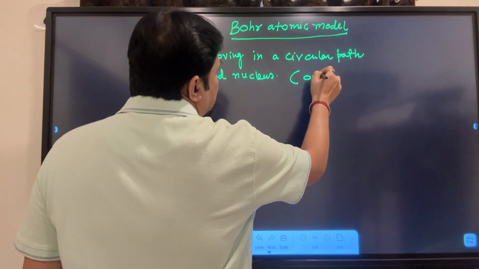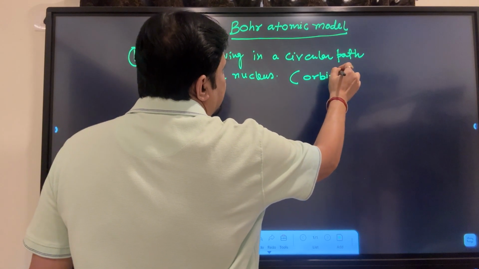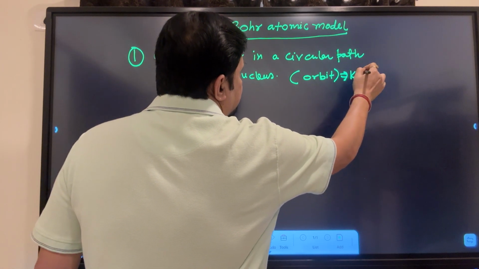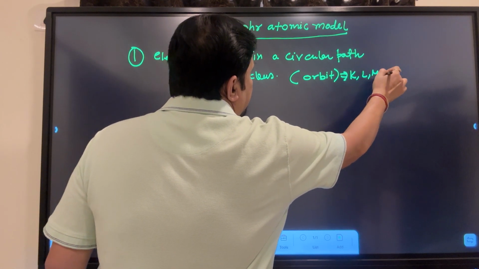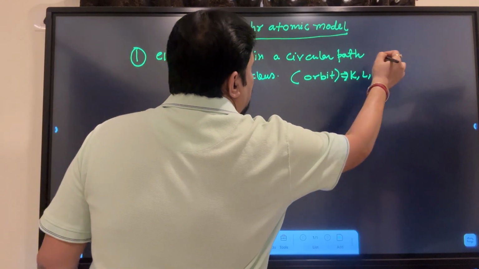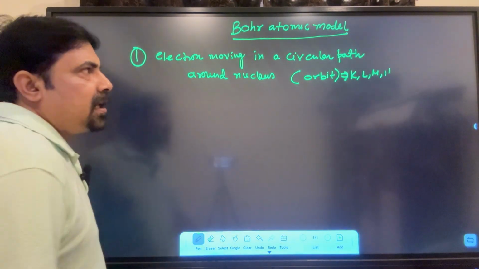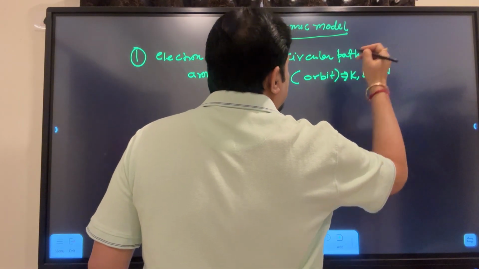This circular path is called an orbit. There are different kinds of orbits, which later we introduced as K, L, M, N. Like that, different kinds of orbits are present.